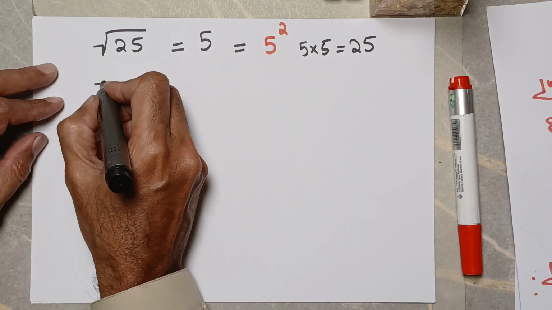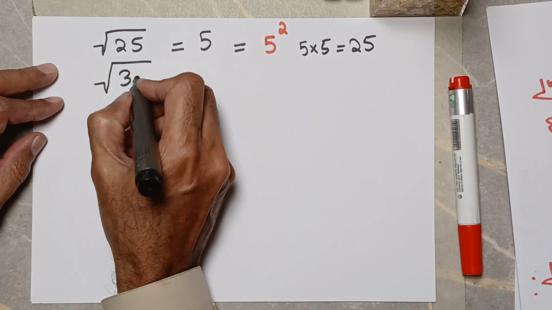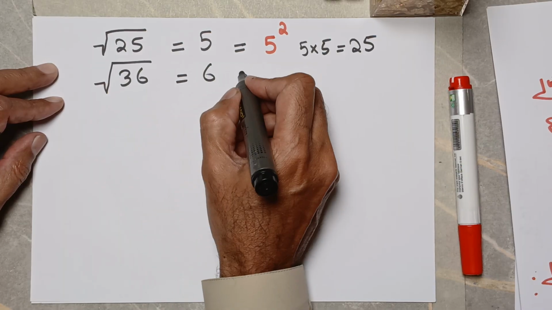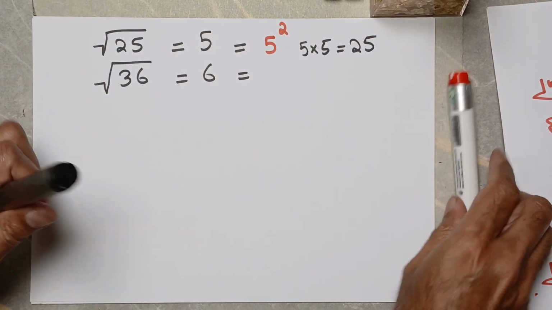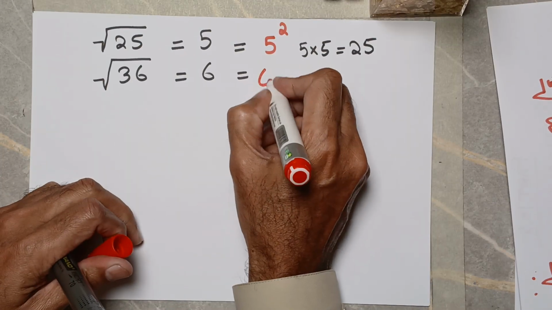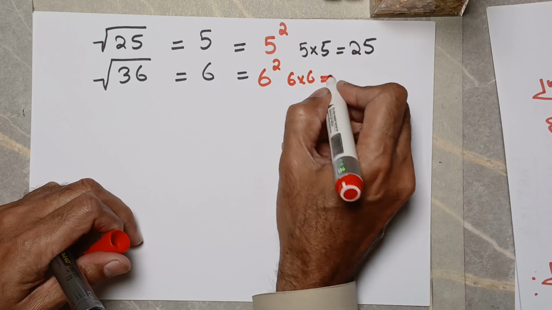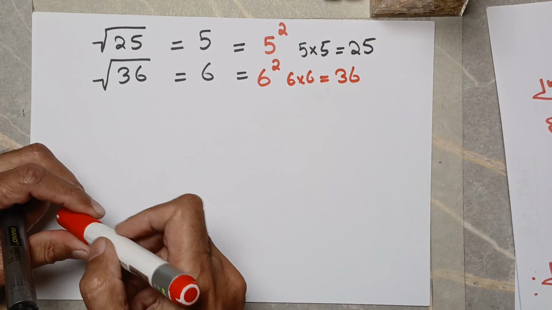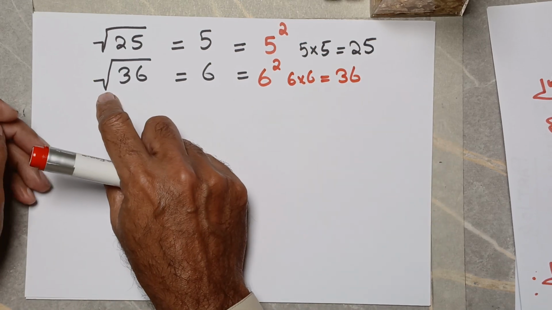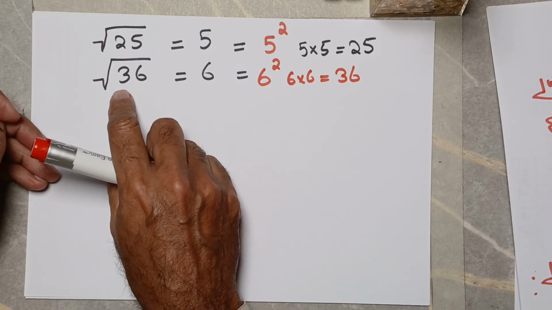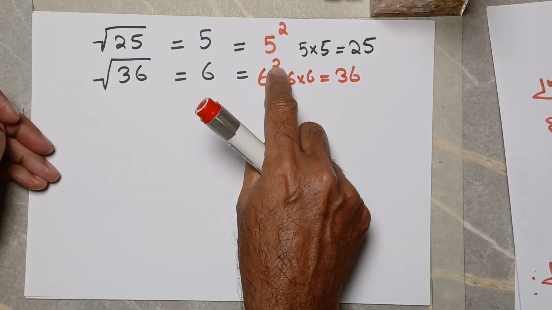Let's take other examples. Suppose that we have 36, and the square root of 36 is 6. And now here, 6 raised to the power 2, 6 times 6 is 36, as you know. So this radical symbol of the square root of 36 is actually the inverse of this exponent.